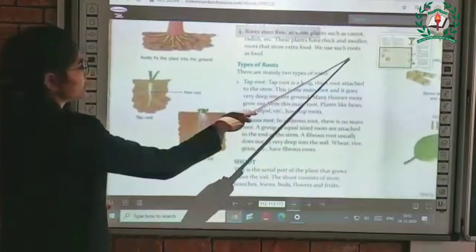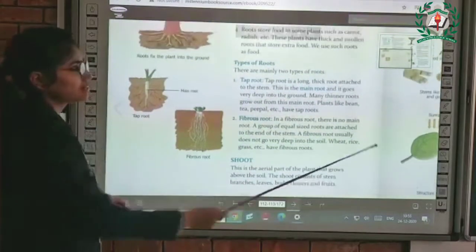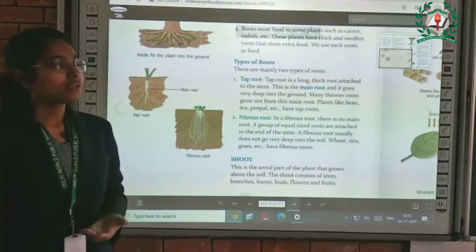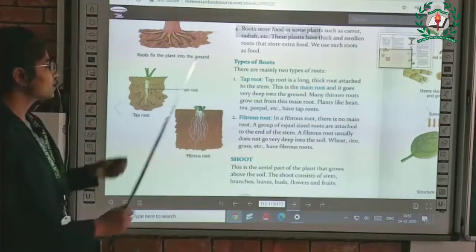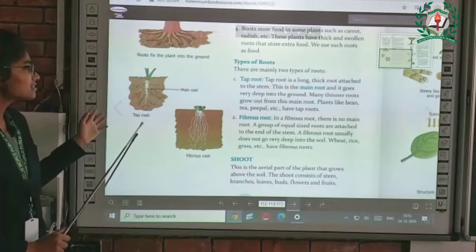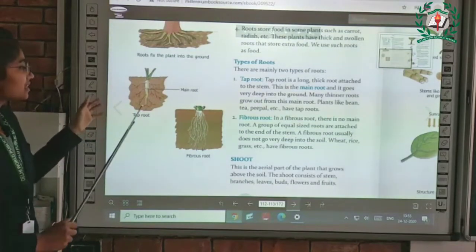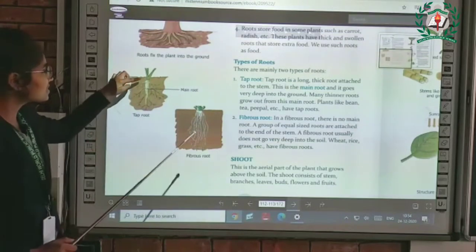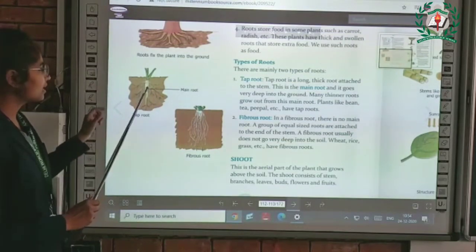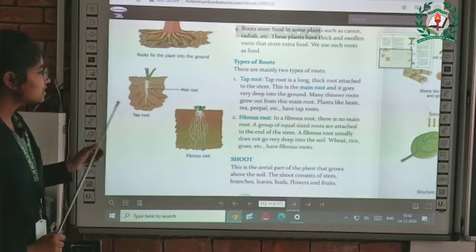Next we will learn about the types of roots. See, there are different kinds of roots present in plants. So these are the two types. First is taproot. See this picture carefully. This is the taproot. So a taproot is a thick root which is directly attached to the stem. This is the stem, the green part is the stem, and this thick part is the root.